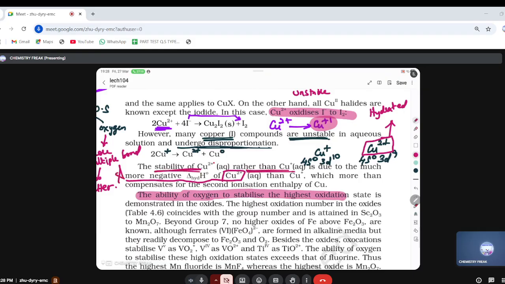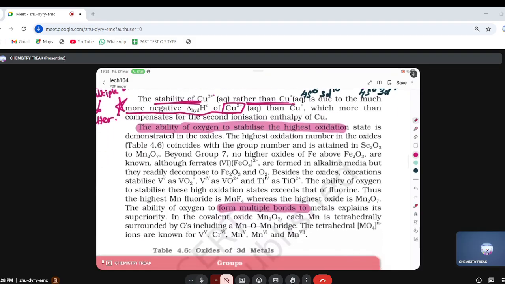Check whether you understand this point. This place is very important. Whether copper plus or 2 plus is stable, in water, in liquid state, copper 2 plus is more stable. Why? Because it has more hydration enthalpy. Clear? Okay?